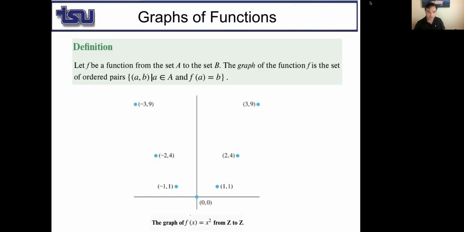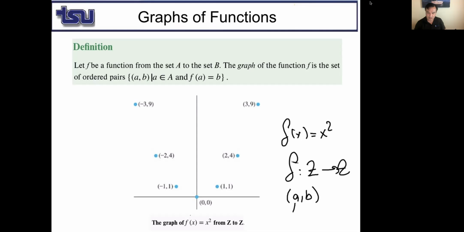Think about this function. f of x is equal to x squared, and f is from integers to integers. Then it will be all pairs (a, b). That means a is an integer, and b is basically f of a.